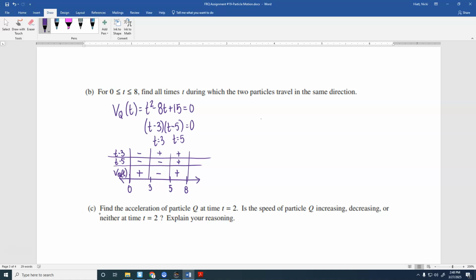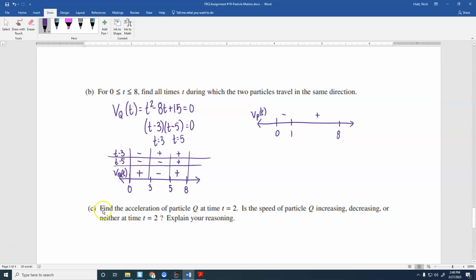So from the last problem, I'm just going to rewrite it down here. For our velocity of p, we got a negative right here and a positive over here. So we want to know when they are traveling in the same direction.